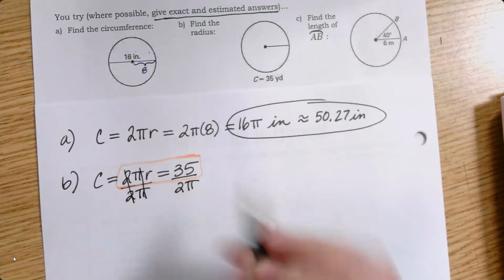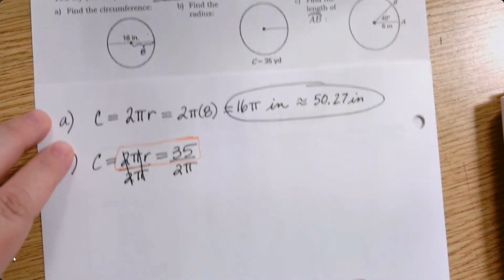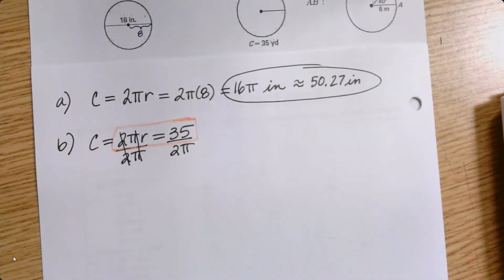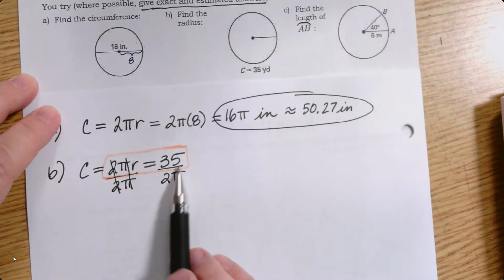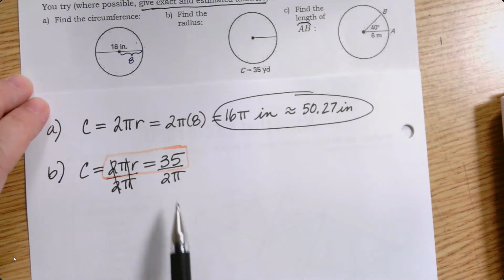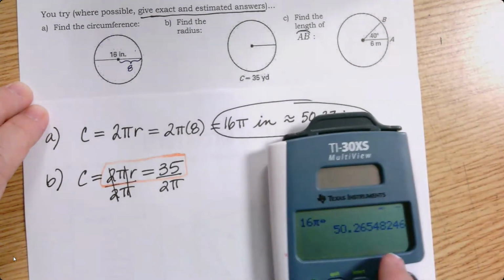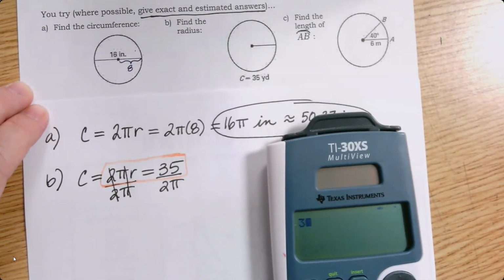All right. Now, some people would say that that's an exact answer. Technically, we're not supposed to leave irrational answers in the denominator. So if you were asked for an exact answer on this, theoretically, you could say 35 over 2 pi. Really, it's better to get a decimal answer for this one. So let's go ahead and do that.